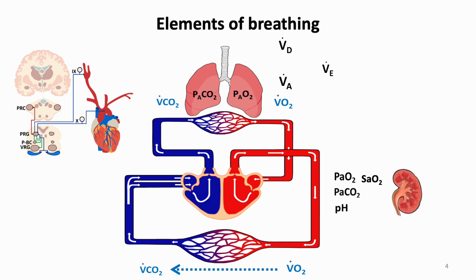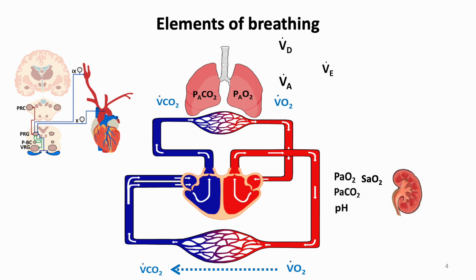So you could say that the respiratory system as a whole is targeted at maintaining CO2 constant, which has implications for oxygen uptake, but also acid-base homeostasis in the body.